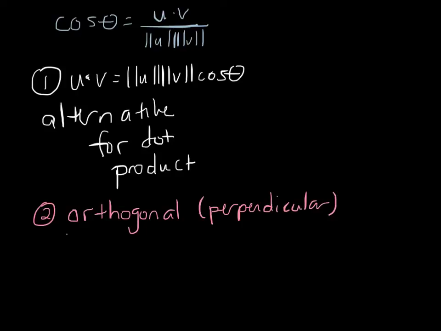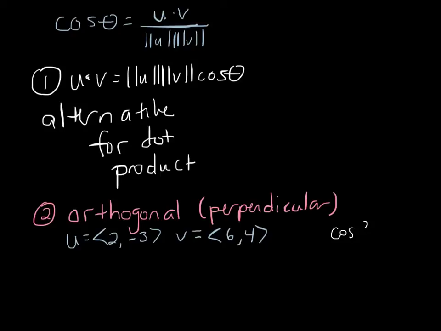Let's say we've got these two vectors, and we would like to know if they are orthogonal. Now, one way we can go about this is we can find the dot product, find the magnitude, plug in, and then solve for cosine. Or we can think about the fact that if two vectors are orthogonal, the angle between them is 90 degrees.